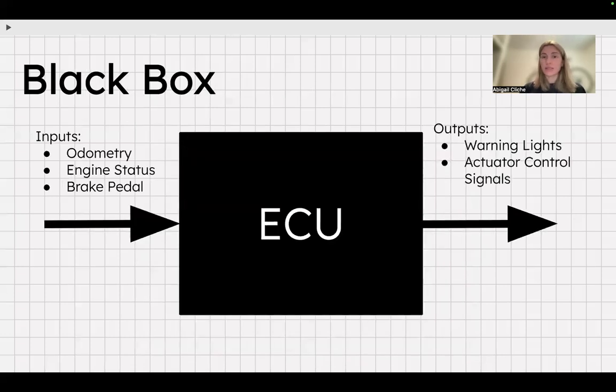And a black box is a term in engineering where we don't care what's going on inside. We only care what the system is taking in and what the system is giving to us on the other side. As long as we can give it the correct inputs and receive the correct outputs, we really don't need to know how it's creating those outputs. And so you'll see this come up a lot. You'll hear this term.